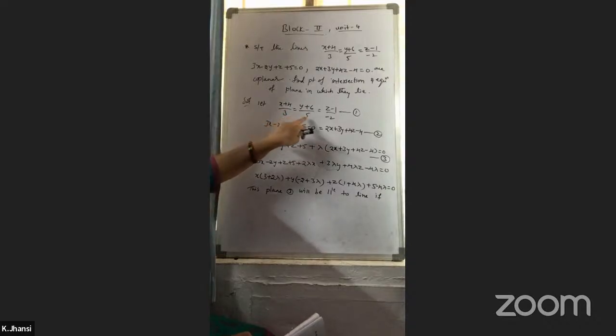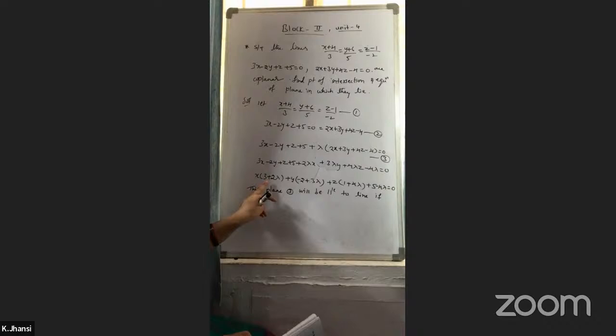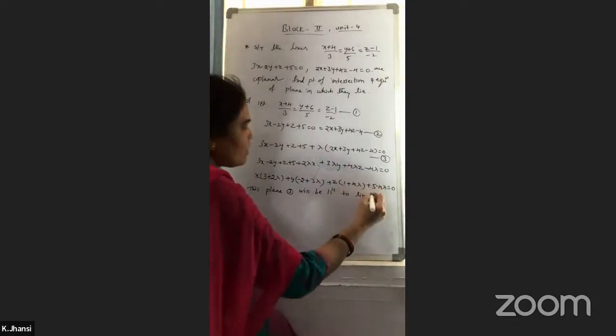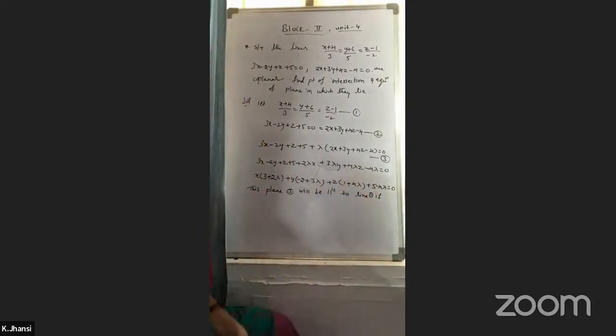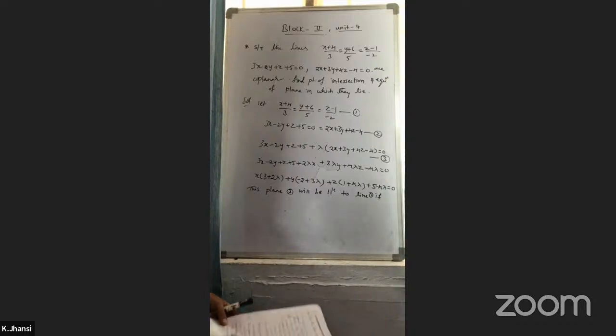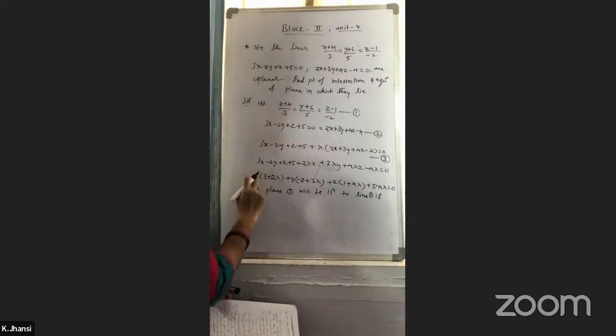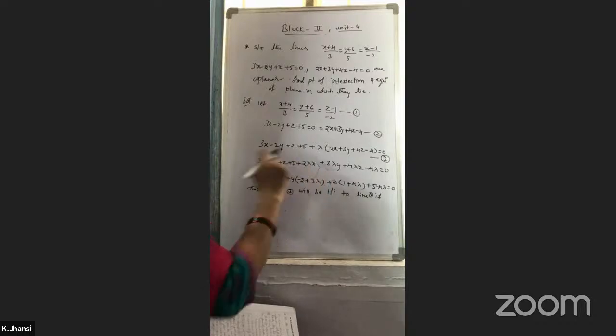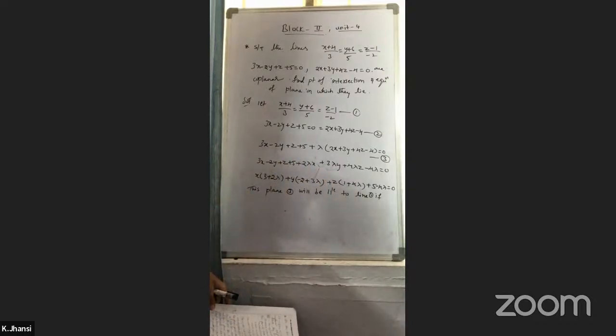So this is l, m, n, and these coefficients are l1, m1, n1. So the condition for plane 3 to be parallel to line 1 is l l1 + m m1 + n n1 = 0. In place of x, y, z, we have to substitute 3, 5 and -2.